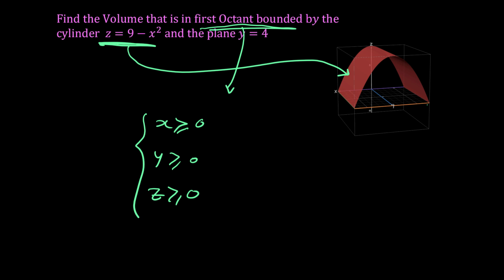In this region, x is changing from this point to this point, but we have to find this point, and y is from 0 to 4. This point is 4.